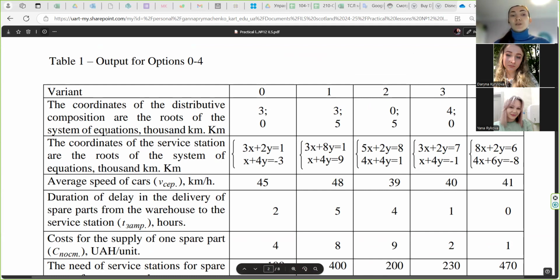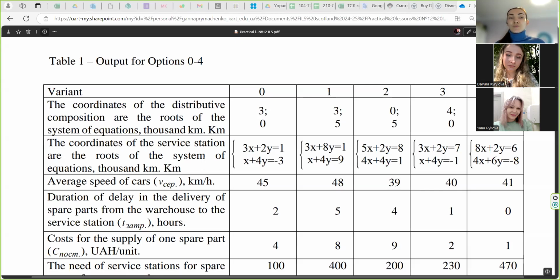The next parameter is the coordinate of the service station. The first point is our warehouse location, and the next point is our service station. We need to find each coordinate, parameters x and y, by calculating the system of equations, finding how many thousand kilometers x is and how many thousand kilometers y is, and find the location of our service station.